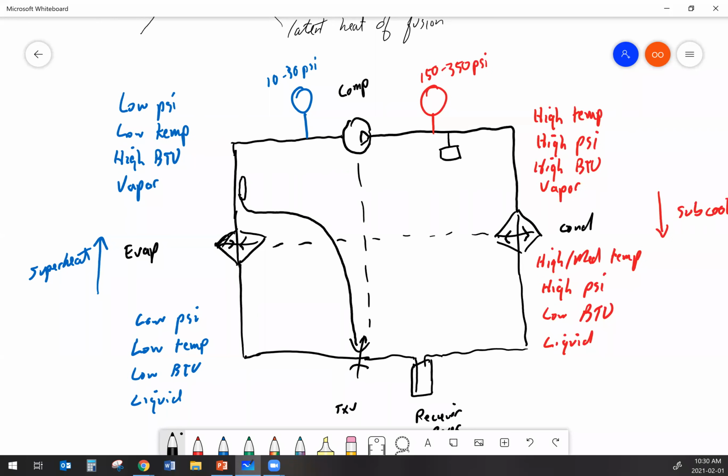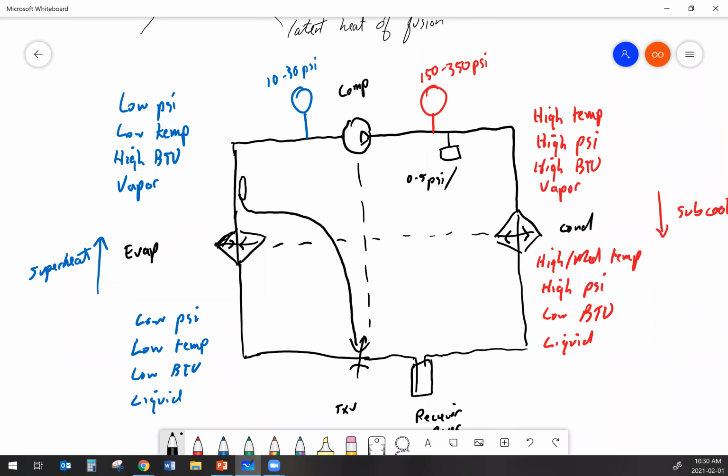Now, to make sure that we don't damage the system, we're going to put pressure switches in the system. Most systems have a pressure switch at least on the outlet. Some of them have one on the inlet to the compressor. But if there's only one switch and it's on the outlet, that means it's a high-low switch. That means it usually cuts out somewhere around 0 to 5 PSI on the low end.